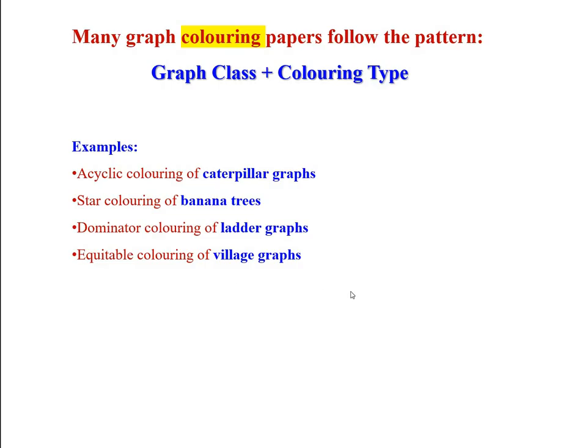A lot of graph class subclasses are available, and you have the coloring types also. So, combine them. That will give you the research as far as coloring of graphs is concerned.